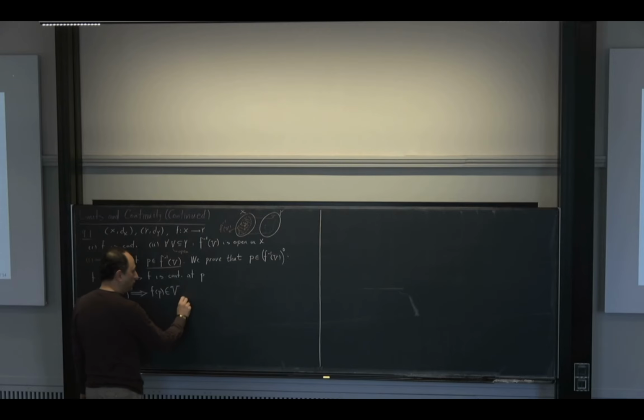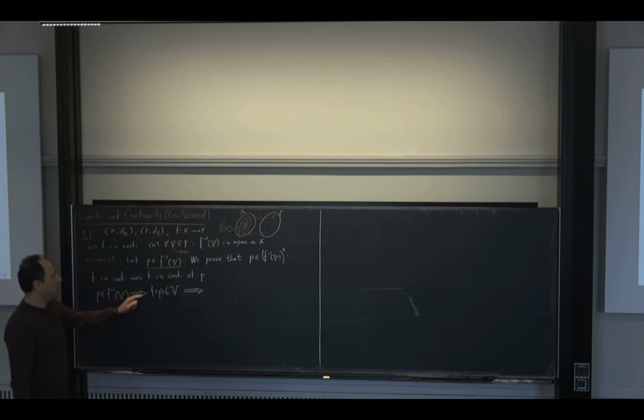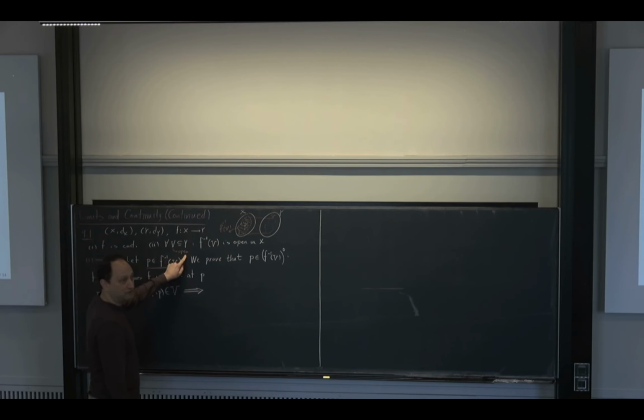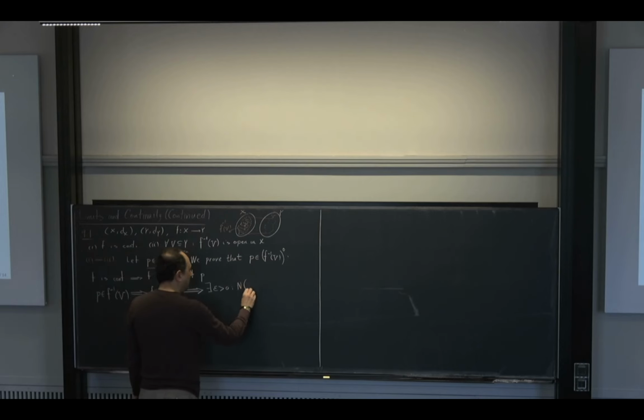Okay, but do I have my epsilon now? Because what was V? V was open. And I know something is in V. So this gives me that there exists an epsilon such that the neighborhood centered at that point with radius epsilon is a subset of V. Do you agree?